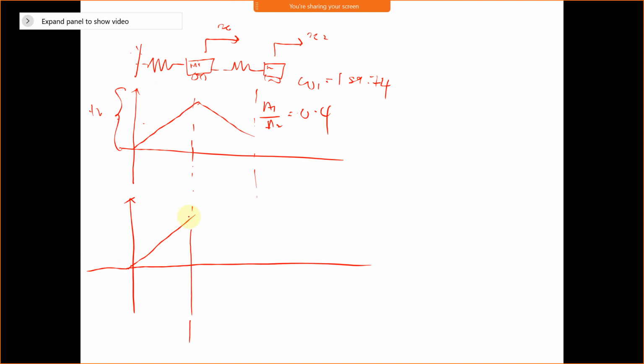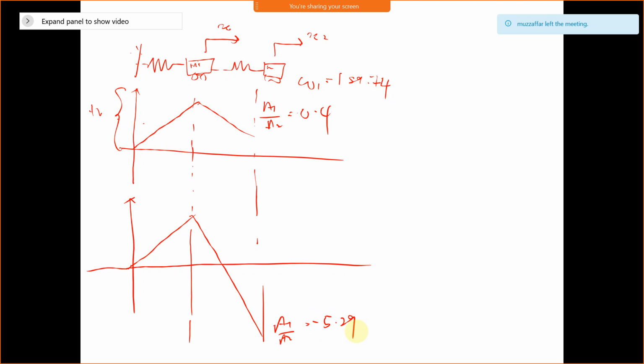Out of phase maksudnya dia bergerak ke arah negatif. So this one adalah A1 over A2 negative 5.29. Itu je mode shape kita. Okay, this is corresponding to omega 2, 507 radian per second.